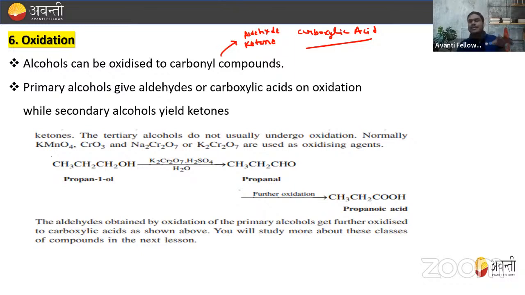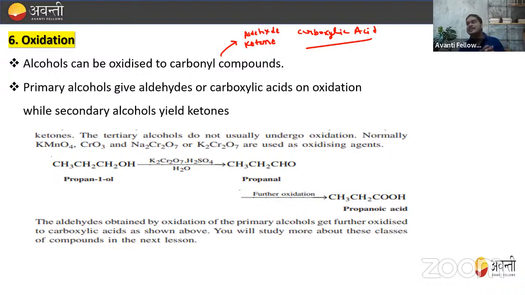Primary alcohol gives aldehyde or carboxylic acid on oxidation. How do you know when they give aldehyde and when carboxylic acid? If you oxidize primary alcohol with KMnO4 or K2Cr2O7, it will give carboxylic acid. If you want to stop at the aldehyde level and prevent further oxidation to carboxylic acid, you have to add a reagent called PCC or PDC.